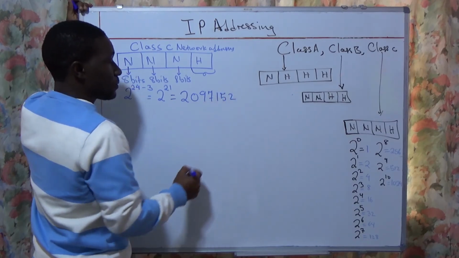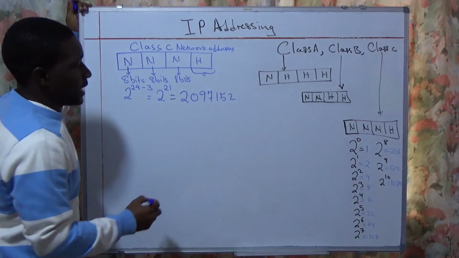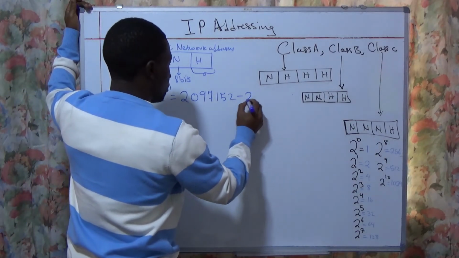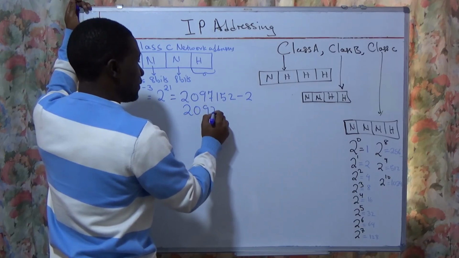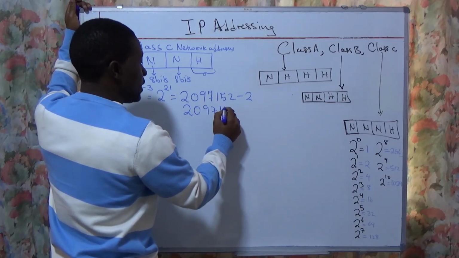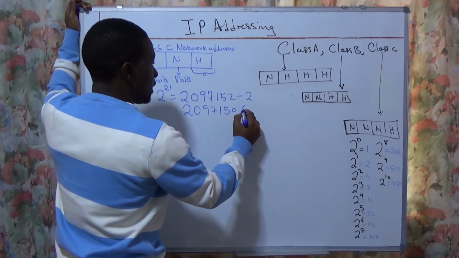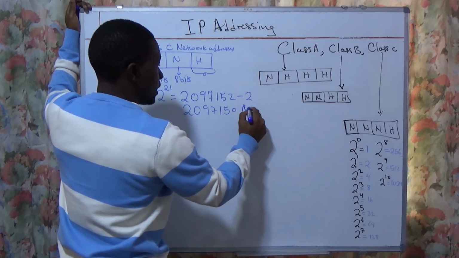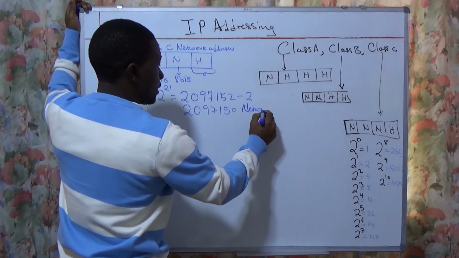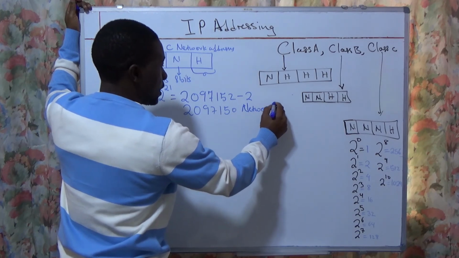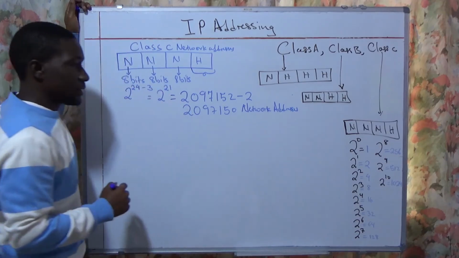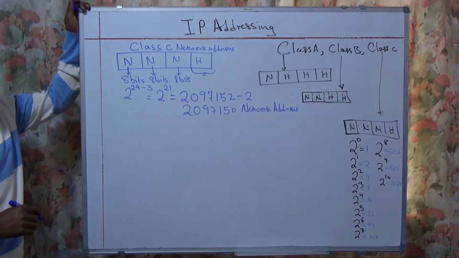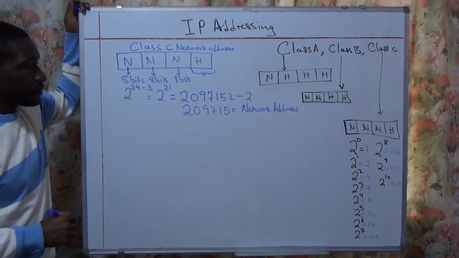Here, it will give us 2,097,152 minus 2, which will give us 2,097,150 network addresses. Alright?